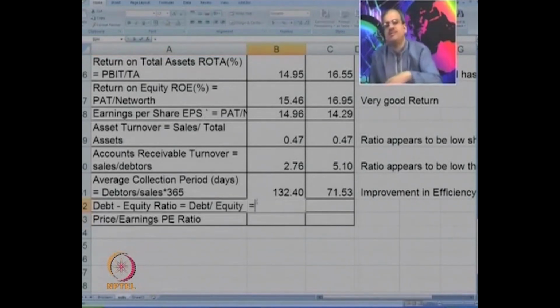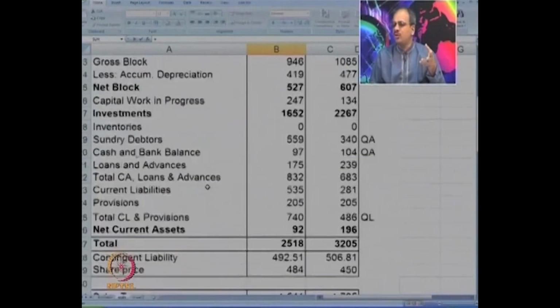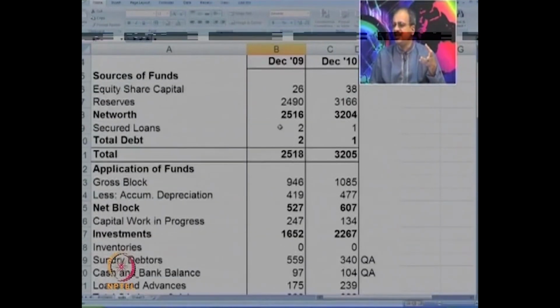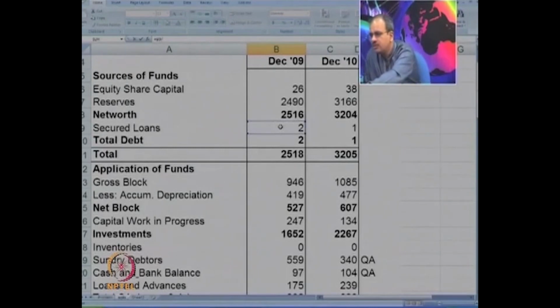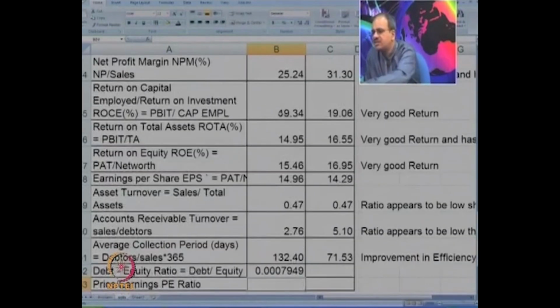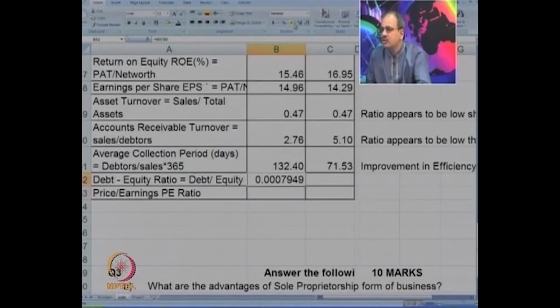What will be the formula? Can anyone guess? It is going to be almost 0, because if you remember, for this company debt is nearly 0 versus the net worth. So, you can see how low it is. Current year also it is going to be 0.